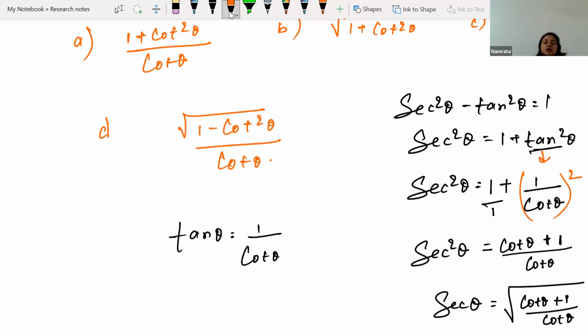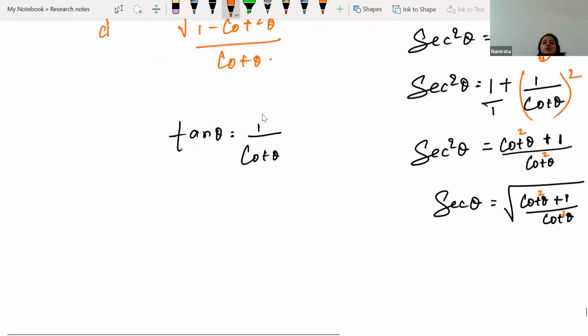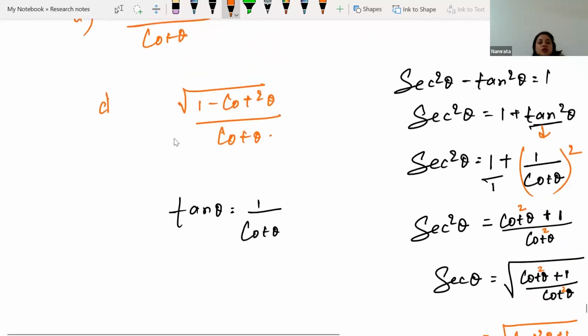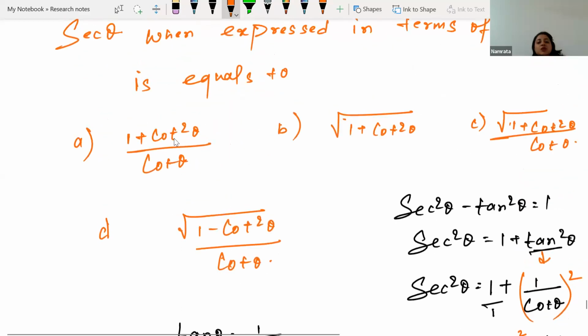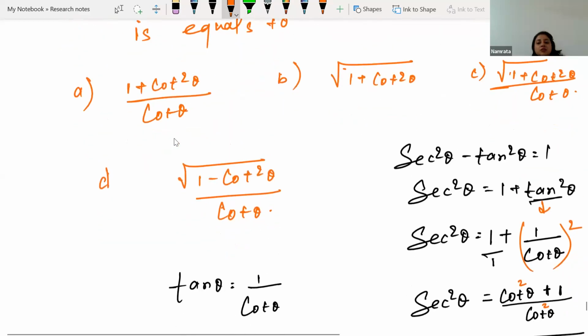We must have written cot square over here, and cot square over here. So now you can see from the numerator, cot square theta plus 1 we are getting, and from the denominator, cot will come out. Is there any option like that? Let's check. So yeah, we have option number C like that. Can you see?